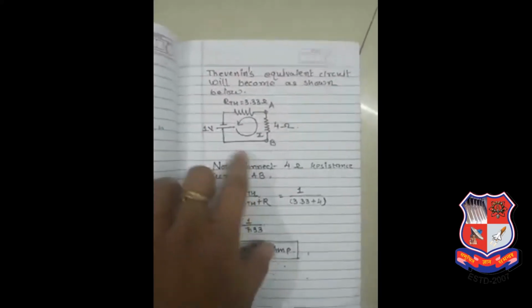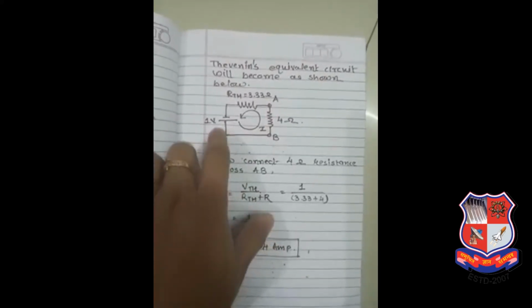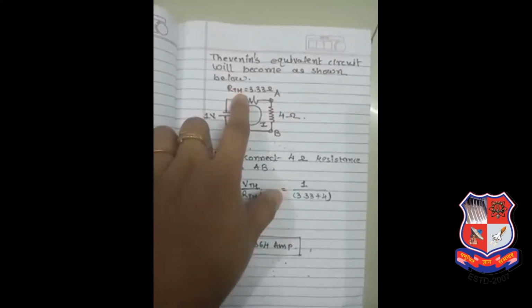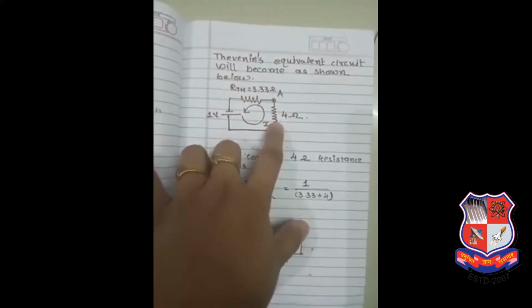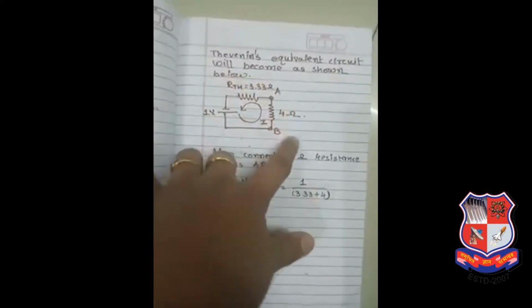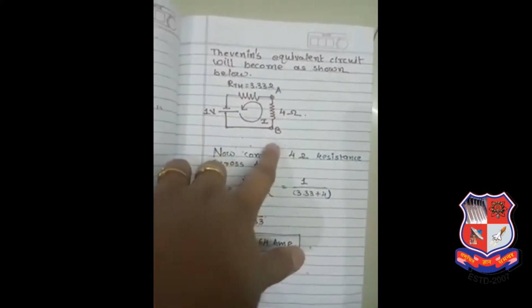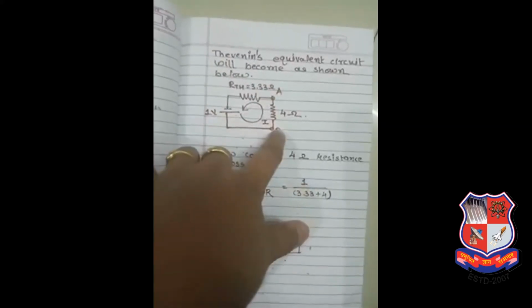Now make the Thevenin equivalent circuit. In the Thevenin equivalent circuit, connect the Thevenin equivalent voltage source in series with the Thevenin equivalent resistance, and again connect the load resistance, that is the 4 ohm, across A and B. So finally you will get this circuit. Now you can easily find out the current I or IL flowing through the 4 ohm resistance.